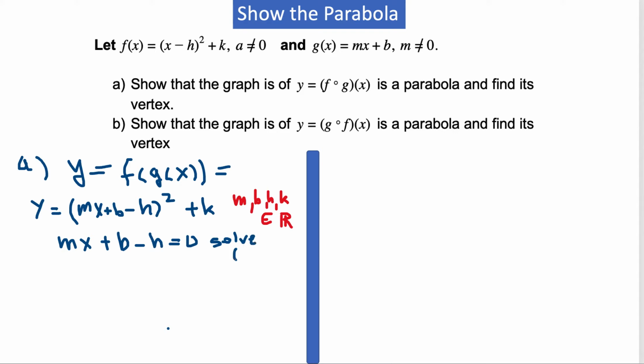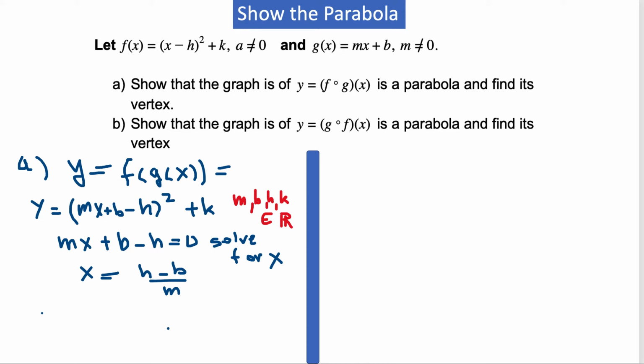I'm not going to demonstrate solving for x because it is a linear equation and easy. h goes to the other side and b goes to the other side, so we get h minus b, the signs change, and we divide everything by m. So I got the x coordinate.